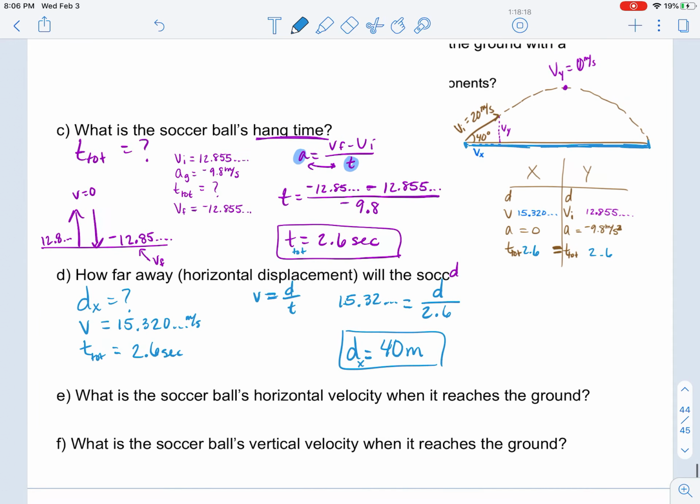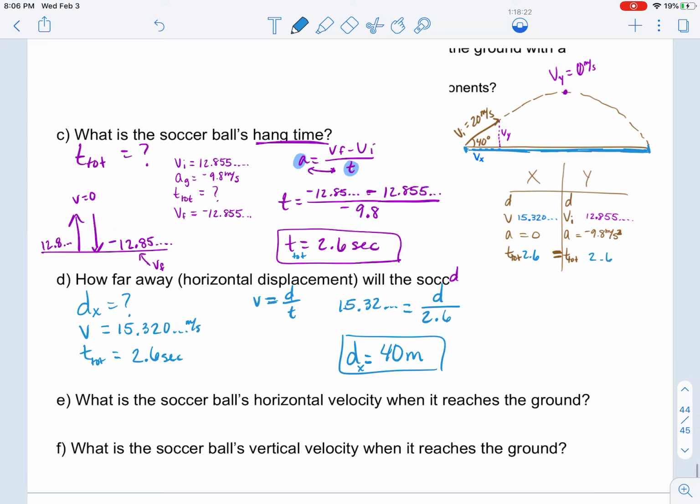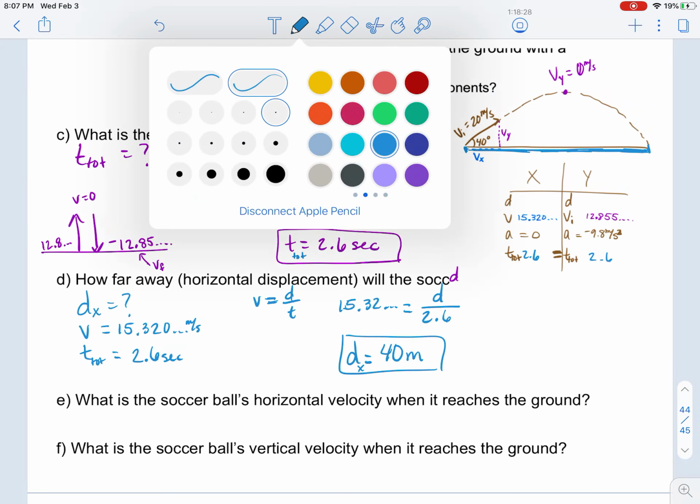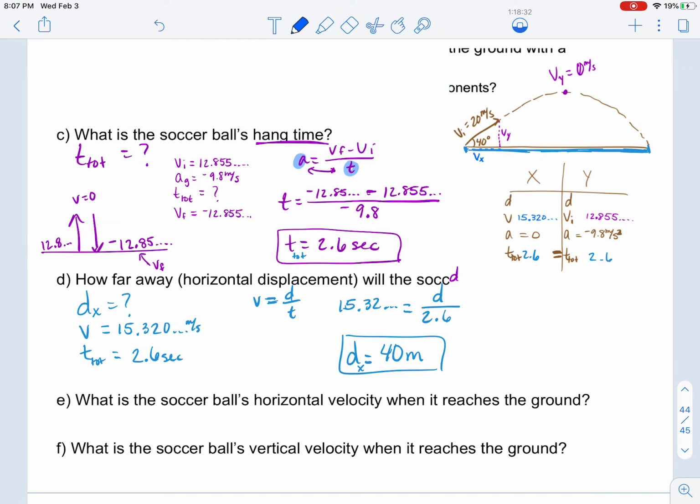The next question says, what is the soccer ball's horizontal velocity? That's a conceptual question, guys. That is not a math question. So if we think back to the notes and that picture that we had of our projectile that was going along the parabola, and then we had those velocity vectors in the horizontal direction, all of those arrows were identical.